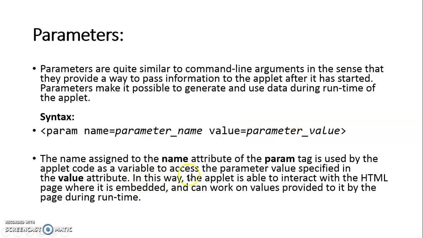The name assigned to the name attribute of the param tag is used by the applet code as a variable to access the parameter value specified in the value attribute. If you give this name, you will get the value specified in the value attribute.